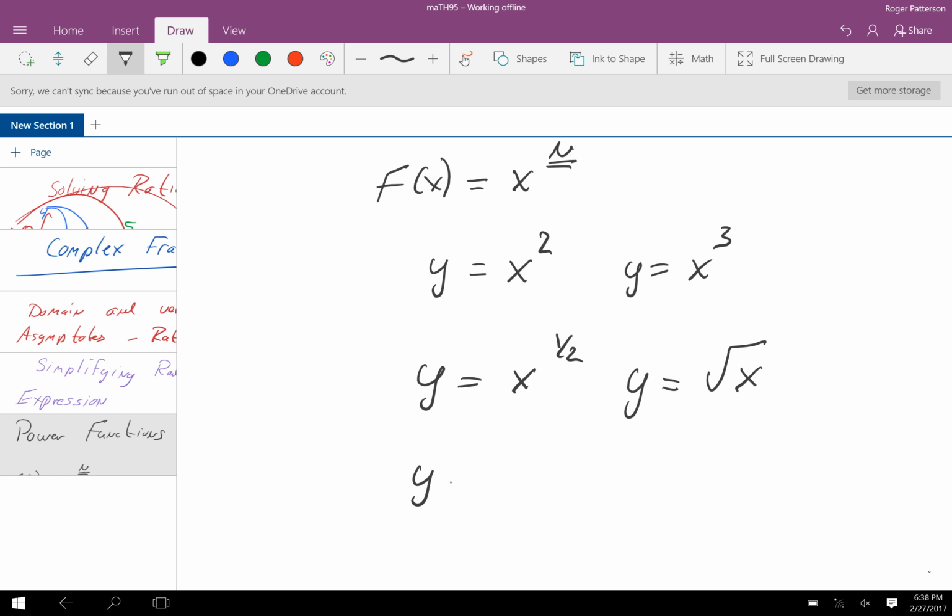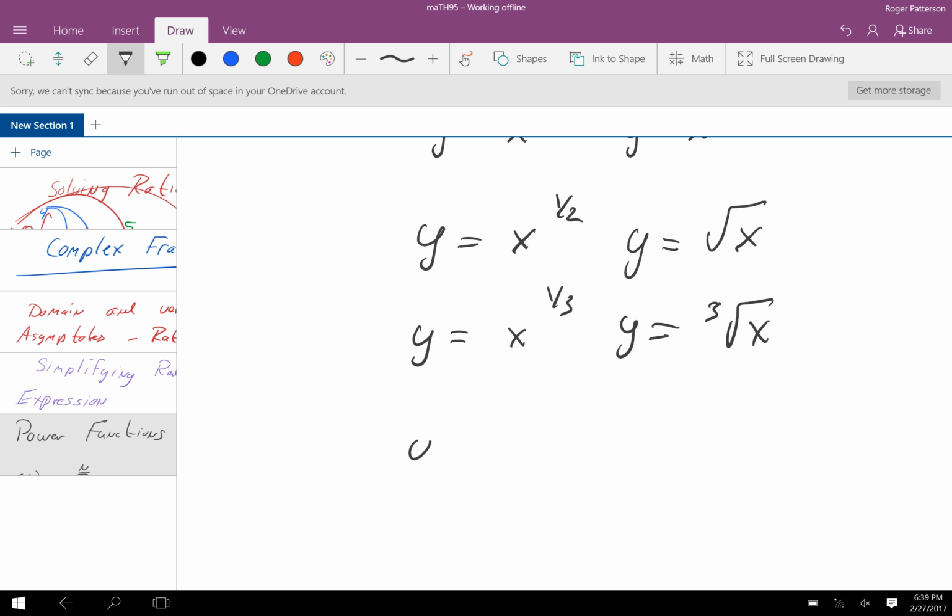So if we have y equals x to the 1/3, then that's the same as y equals cube root of x. Alright? So those are all power functions. Y equals x to the -1.